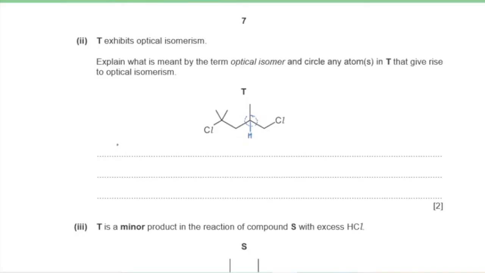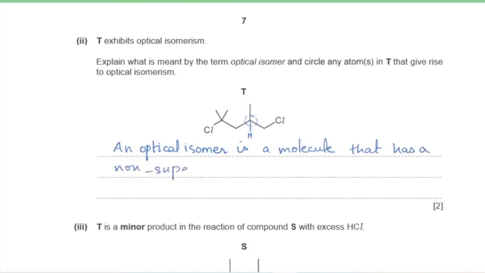And we can write that an optical isomer is a molecule that has a non-superimposable mirror image.